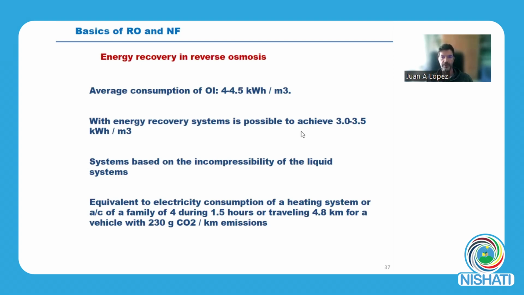So to reduce 1.5 kilowatts hour per cubic meter is a lot of energy in one day. And these plants are usually working 24/7, the whole day along the year.